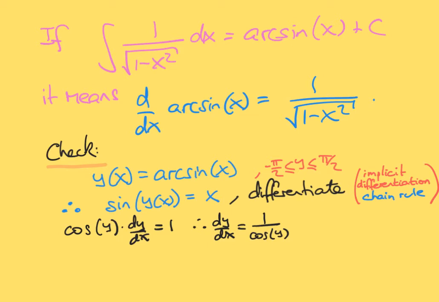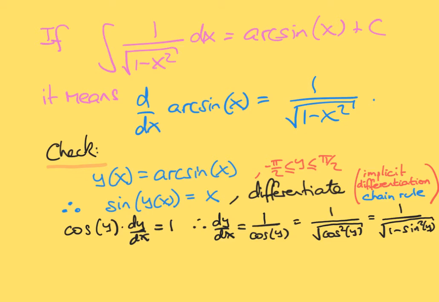we know that the cosine function is positive. So that means that we can write dy dx as 1 over the square root of cosine squared of y, and that's the modulus of the cosine, but we can write this because we know that cosine is positive. And that means that this is 1 over the square root of 1 minus sine squared of y.